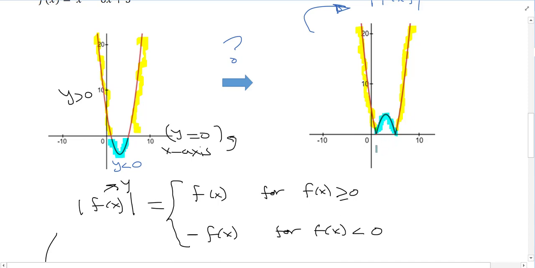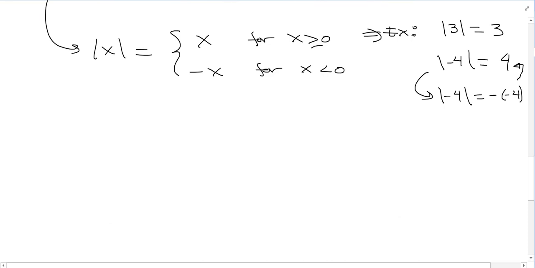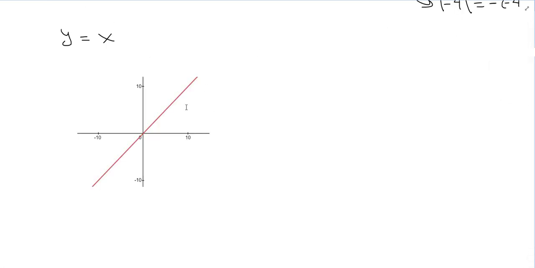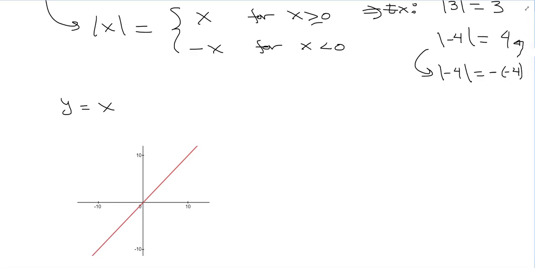And so that is the absolute value of a function. If you think about the absolute value of x, think about what the line y equals x looks like. That is just your standard line. So this is our graph of y equals x. Based on the definition for the absolute value, when x is positive, it's going to stay positive. So how would we graph the absolute value of x?